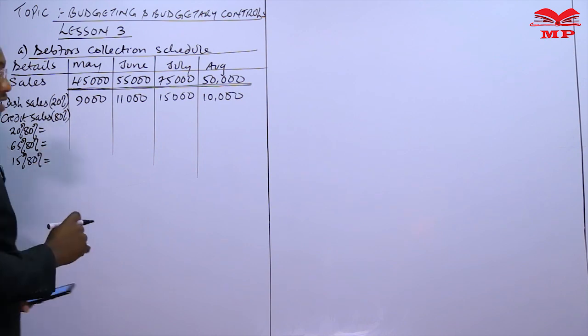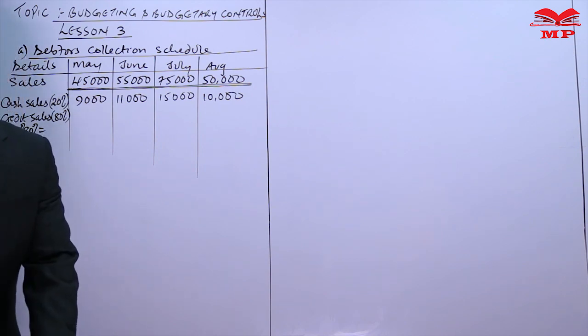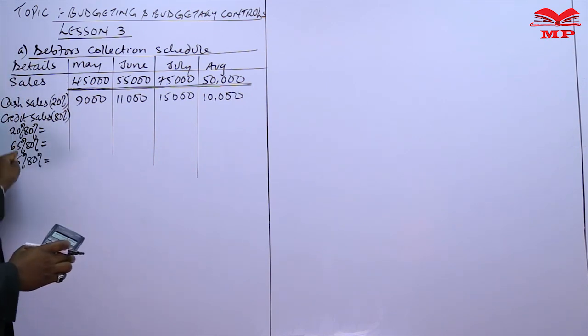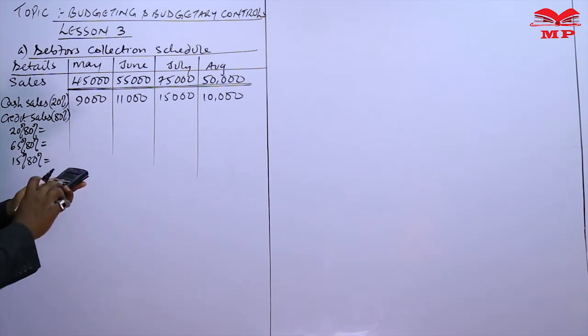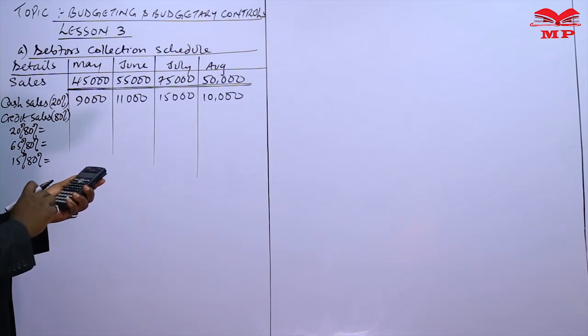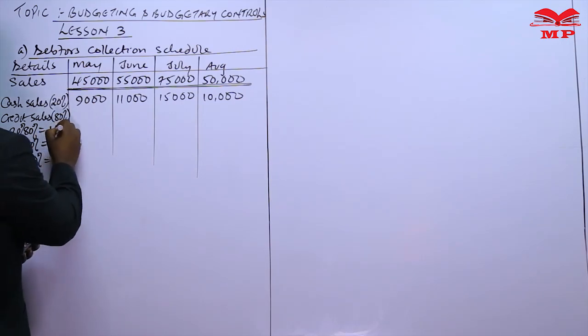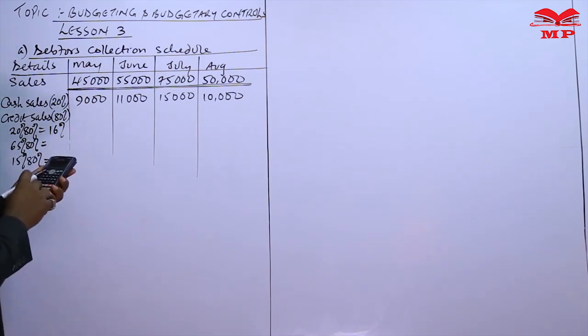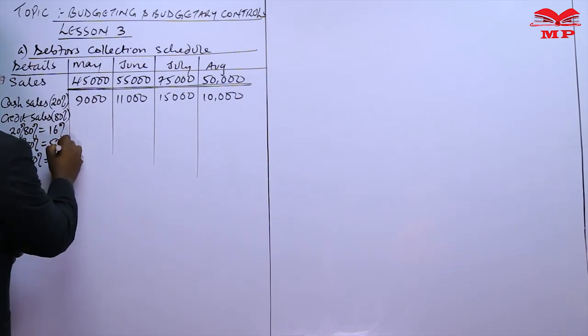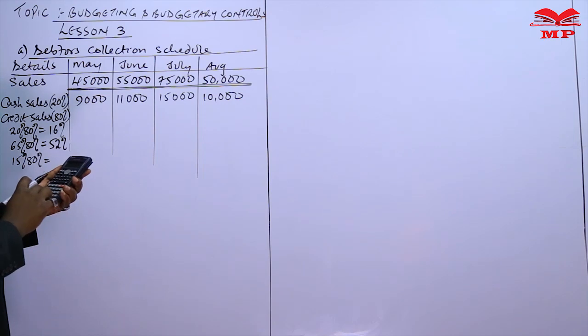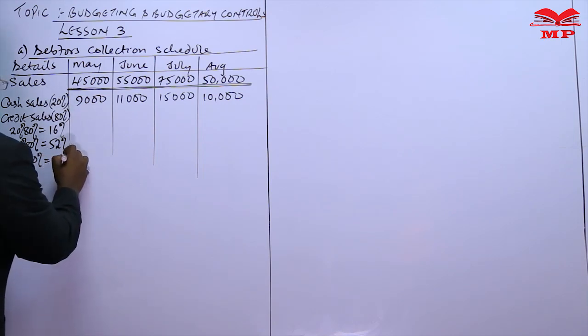This is just a way of doing things. Remember, this is 100%, but we can relate to this 80, which is going to be 0.2 times 80, this is 16%. 0.65 of 80, this is 52%. And 0.15 of 80, this is 12%.